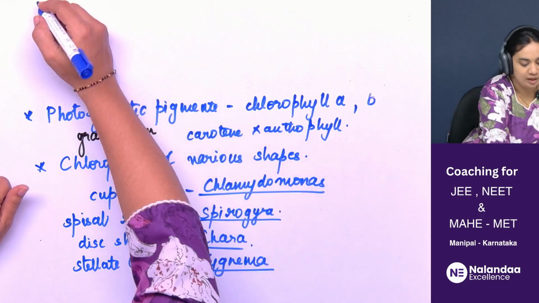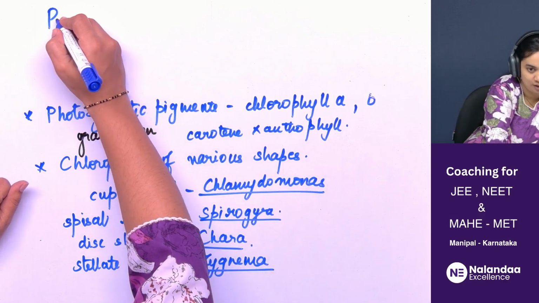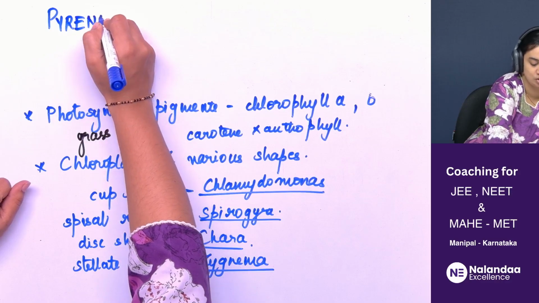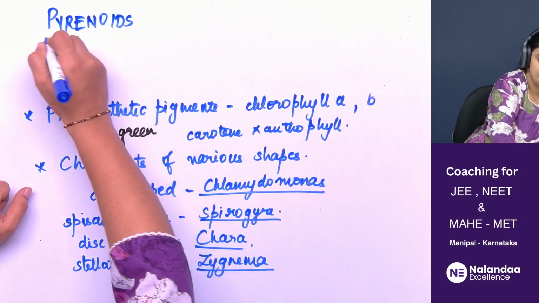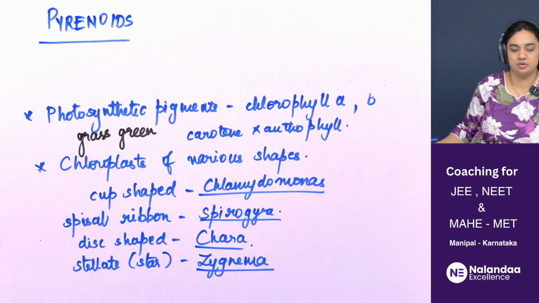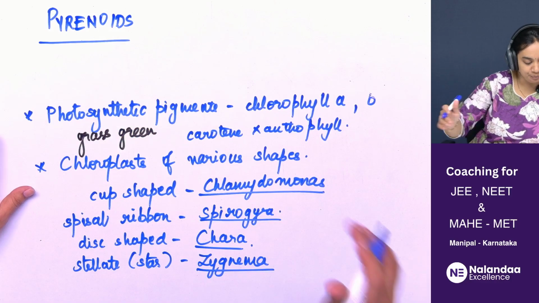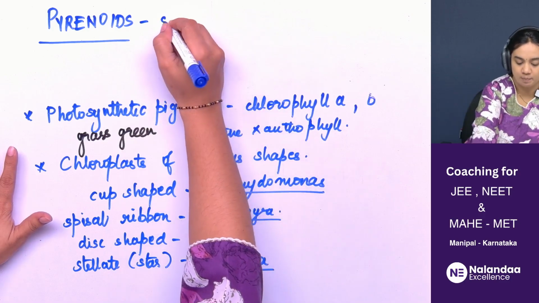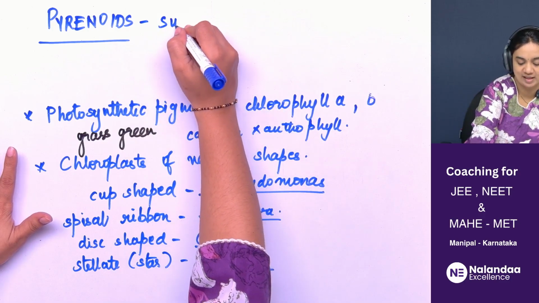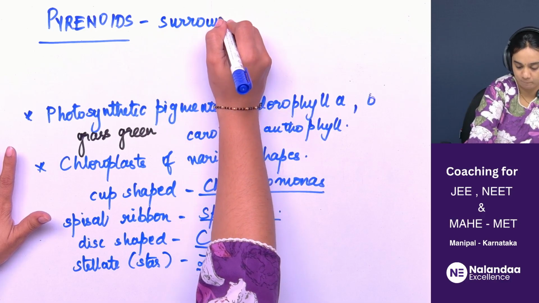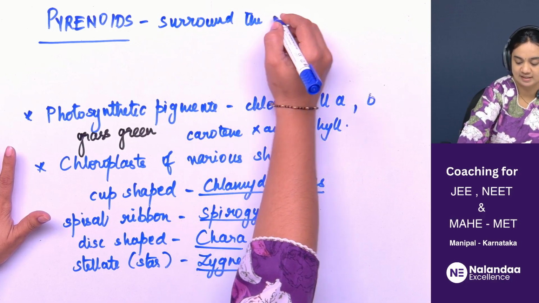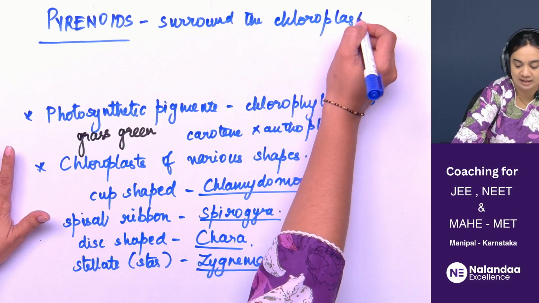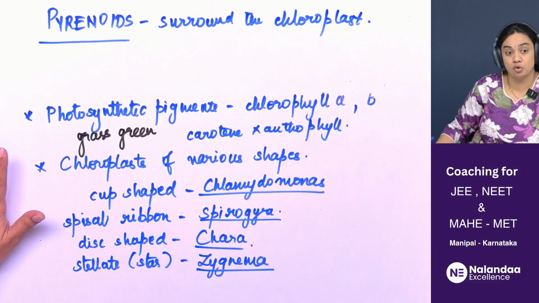Done. Okay, next we will talk about something called pyrenoids. This is a structure that is usually found in close association with the chloroplast. Have you heard of pyrenoids before? Pyrenoids are structures that surround the chloroplast, and their main function is to store starch.